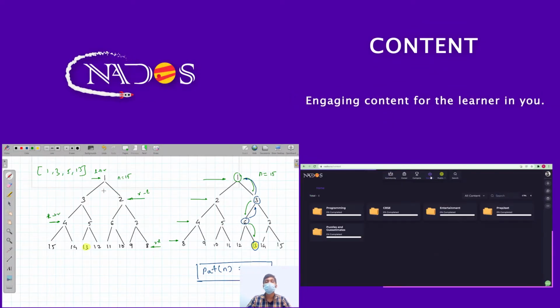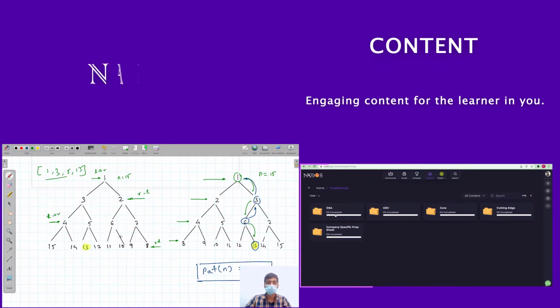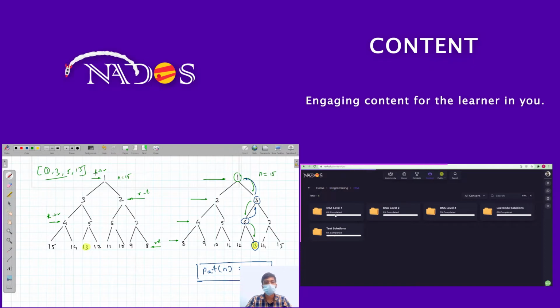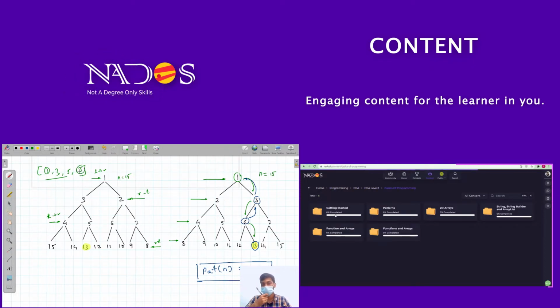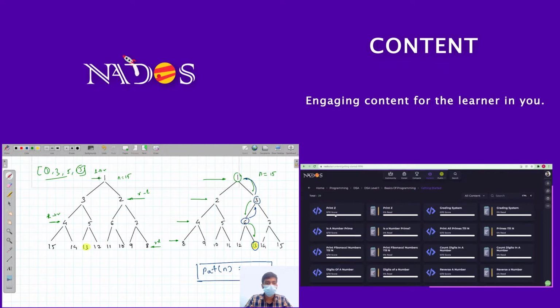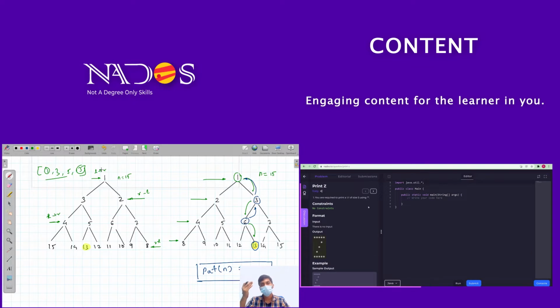So how to find the answer for this? We have already seen that one is going to be constant, and the node that we have asked is going to be constant, right? Why? Because one is our terminating condition, one is the head node, so we have to find the path from one to the given node, right?